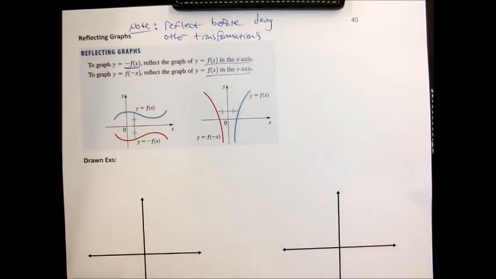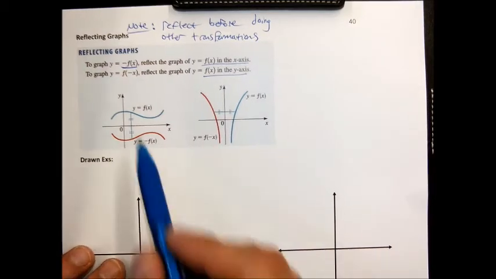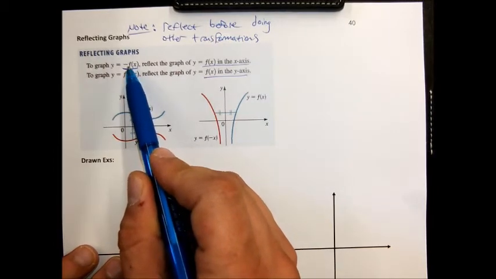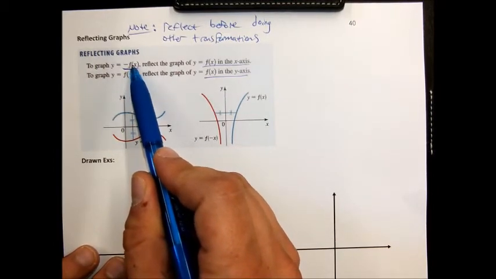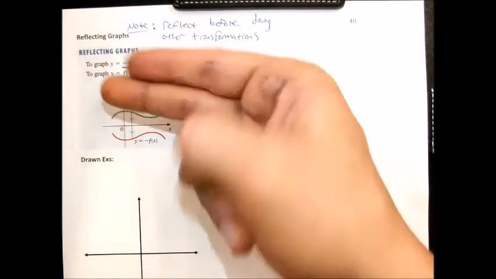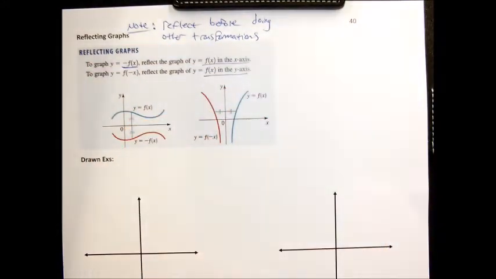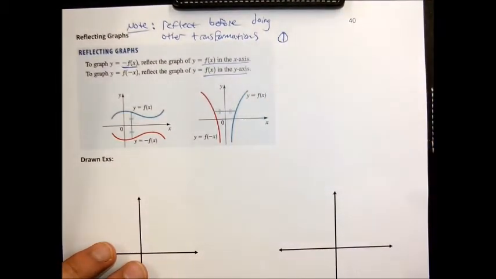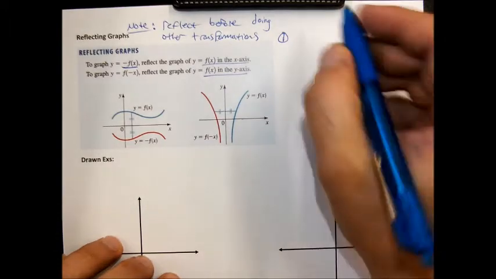Again, f of x kind of represents y values, right? It's all the y values. And so if we multiply all the y values by -1, it takes the positive ones and makes them negative, and it takes the negative ones and makes them positive. And so that's what gives you this kind of flipping action, because it literally makes them opposite. And so I'm going to write that down. I really think it's super helpful to just understand that rather than memorizing it.